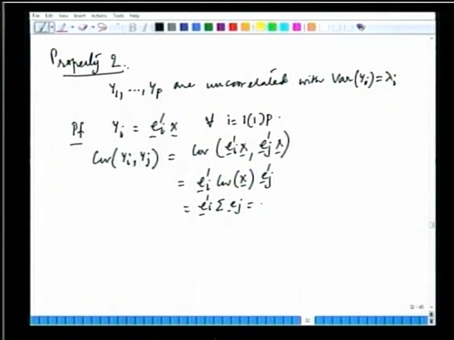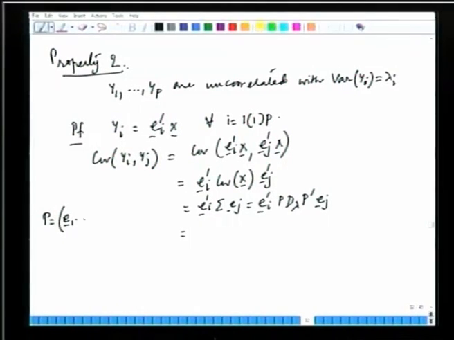We use the spectral decomposed representation of this matrix to write ei prime P D lambda P transpose ej, where the columns of the P matrix are nothing but E1, E2 to EP.